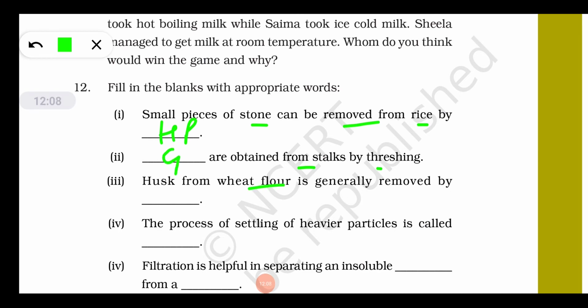Husk from wheat flour is generally removed by. So husk is removed from wheat flour. ओके, व्हीट फ्लोर से हम करते हैं साइविंग के थ्रू. ओके, छन्नी जो यूज़ करते हैं हम, sieving. The process of settling of heavy particles is called sedimentation.